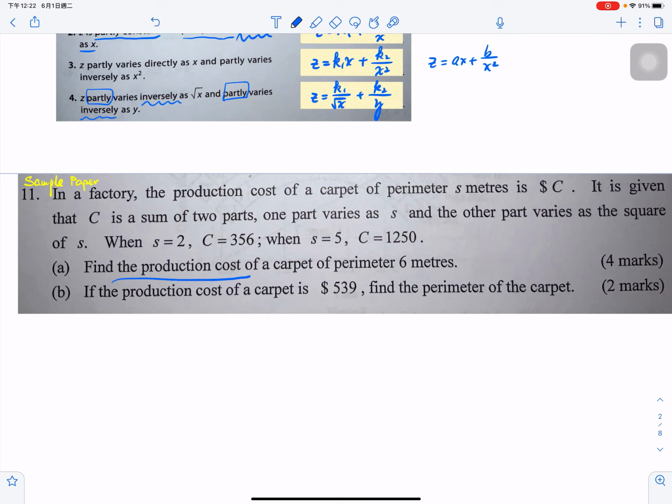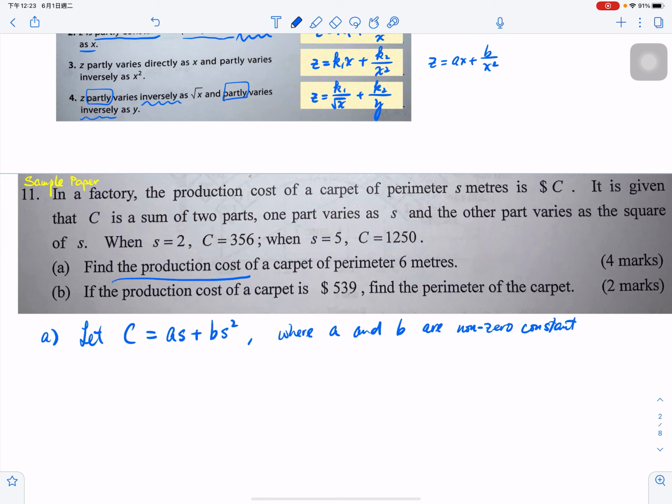So how to find the production cost of the carpets? So let's see. I let C equals, maybe I use A and B, AS plus BS squared, where A and B are non-zero constants. So substitute the values.